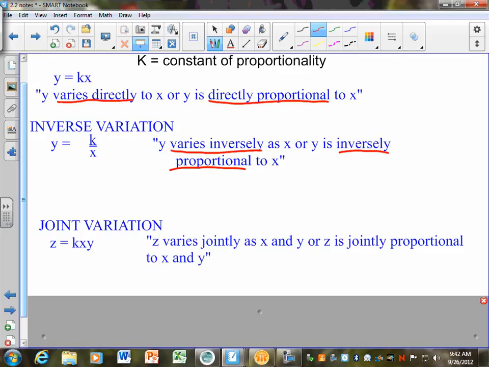And so it's still multiplied, so you're still taking that constant times your other things. But if it says varies jointly or is jointly proportional, that means there are 3 variables involved in that problem. I feel like most of the ones on your homework today are directly proportional, but I wanted to give you all these just in case.